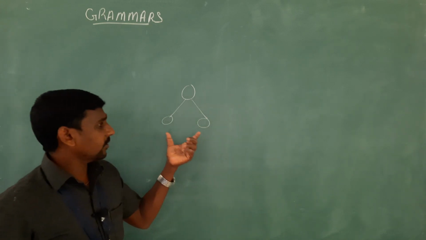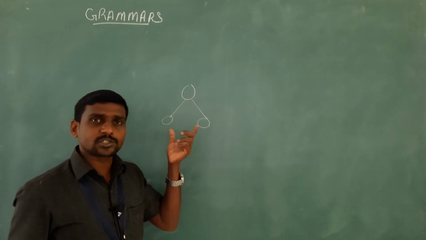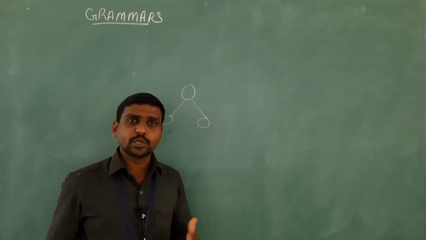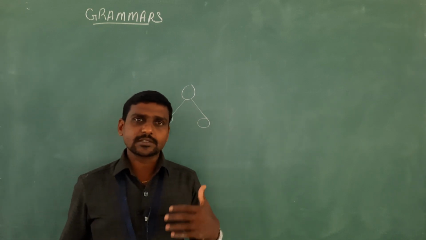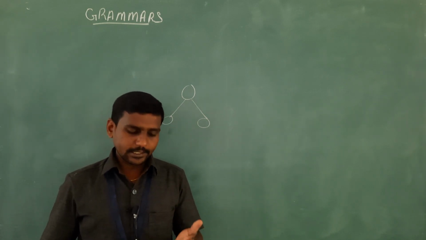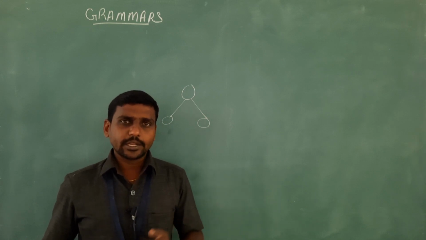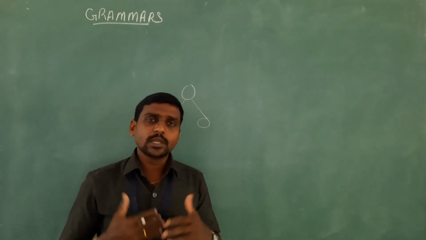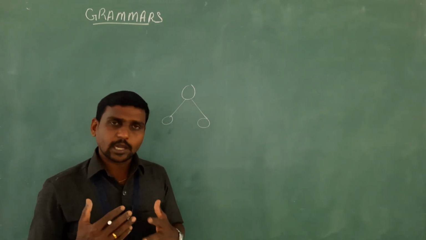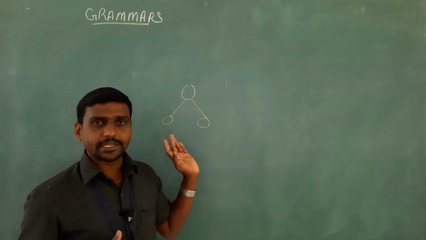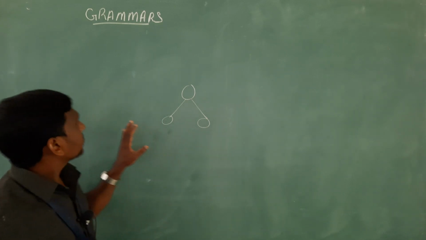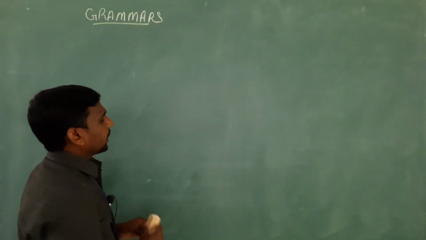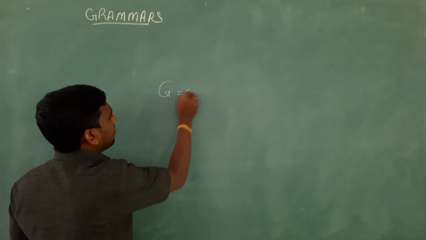Why we need to create a parse tree is, in many programming languages we have recursive functions, for example looping statements and switching statements. That concept is taken from this parse tree structure. So the definition of grammar is G equal to VTPS.